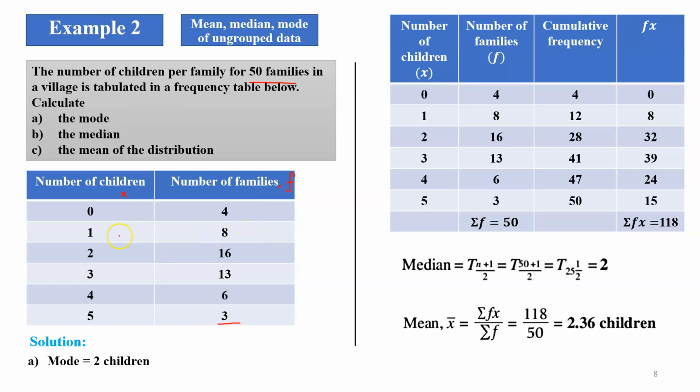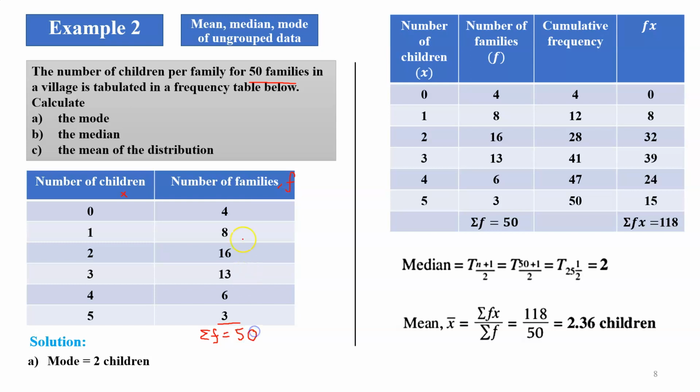Berapa kali dia berulang. Kalau kosong, dia 4 kali berulang. Kalau nombor 1 ada seorang anak, ada 8 family yang ada seorang anak. And then untuk 5 orang anak, ada 3 families yang ada 5 orang anak. So altogether, the summation of F will give a total of 50.